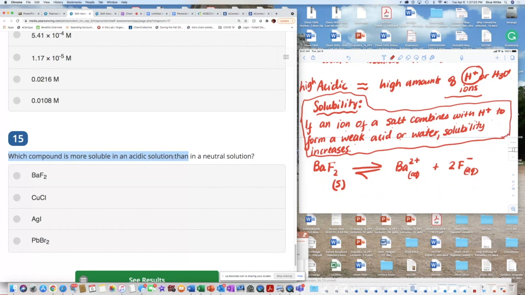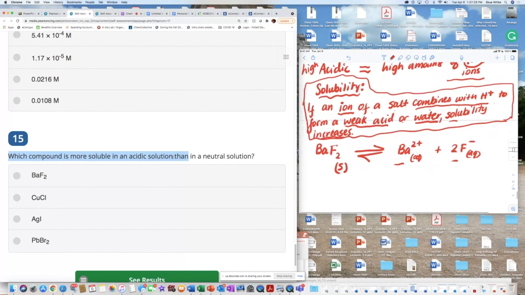Okay, so apparently one of the ions, because I said if an ion, either this or this, will combine with the H plus. Ooh, that's where the H plus comes in. If it does form a weak acid or water, it forces the solubility to increase. So this is what we're going to be checking for both ions.